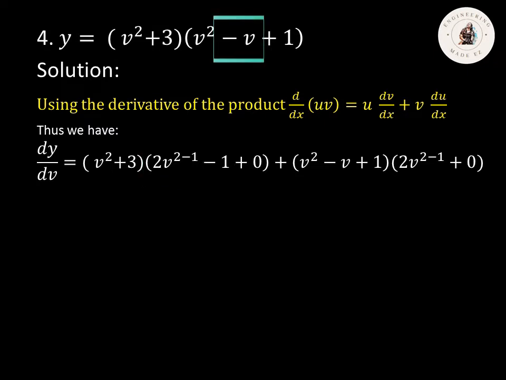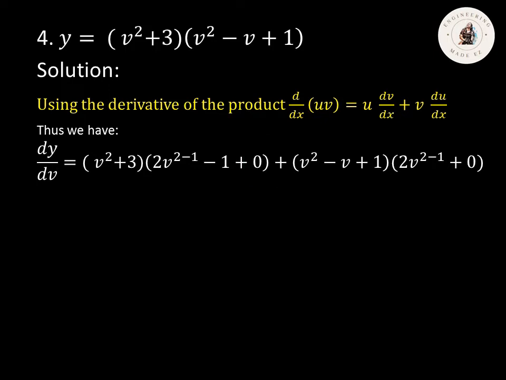For negative v, applying the derivative of the nth power, this will become v raised to 1 minus 1. That gives us v raised to 0, so that is equivalent to 1. That's why we have negative 1 here. Then for positive 1, since it is a constant, the derivative of a constant is 0. That's why we have plus 0 here.